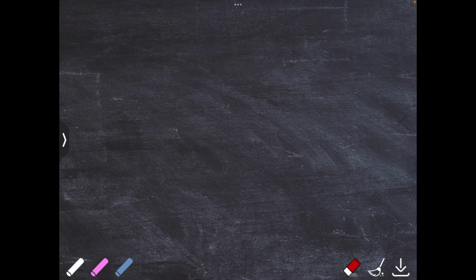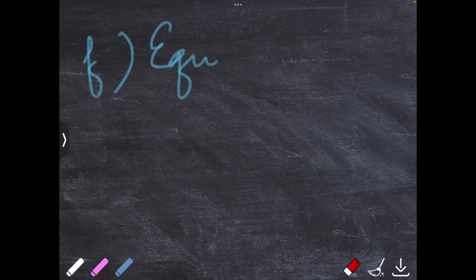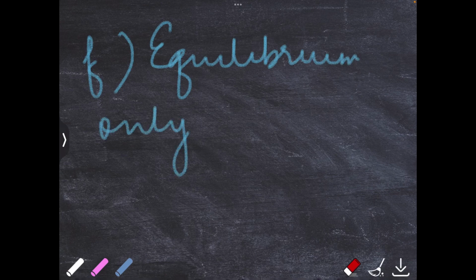And the last point is that equilibrium only occurs in a reversible process.